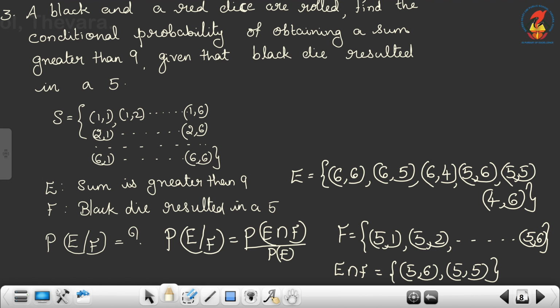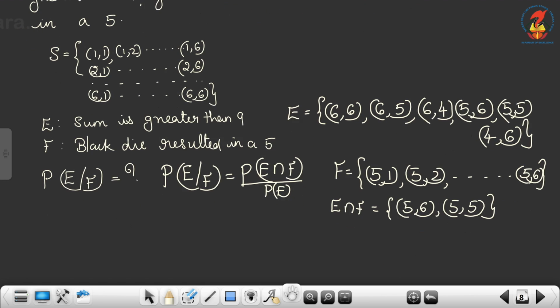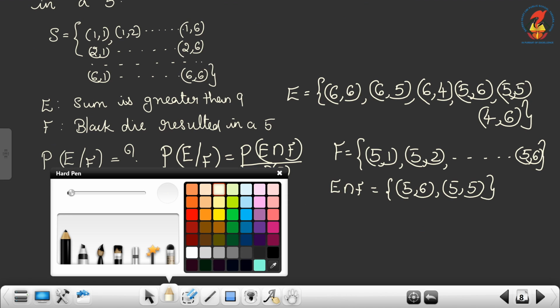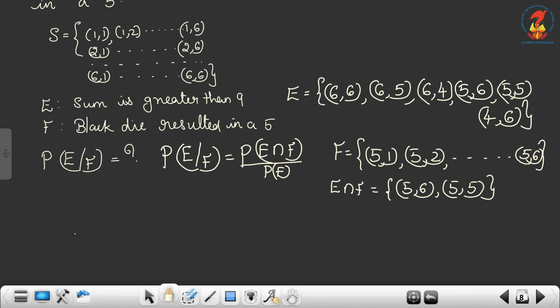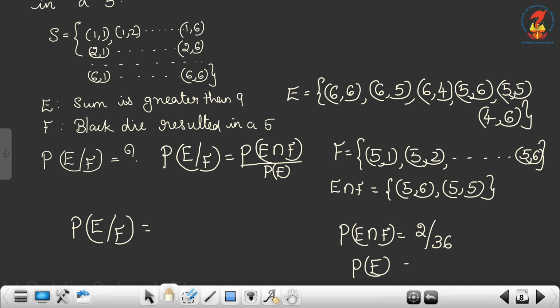Now find the corresponding probability and substitute. So what is P of E intersection F? P of E given F is equal to P of E intersection F. So you have to take the number, 1, 2. 2 out of what? 2 out of the sample space. How many elements in the sample space? 36 elements are there. So 2 by 36. Then the denominator is P of F. In F how many elements? 6 elements.